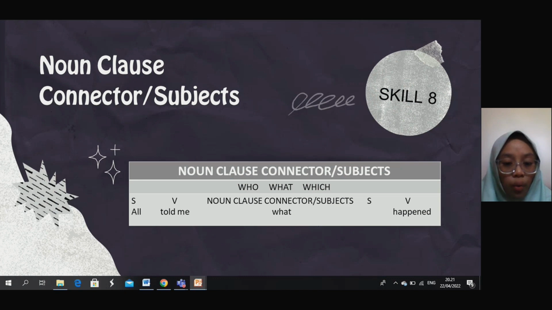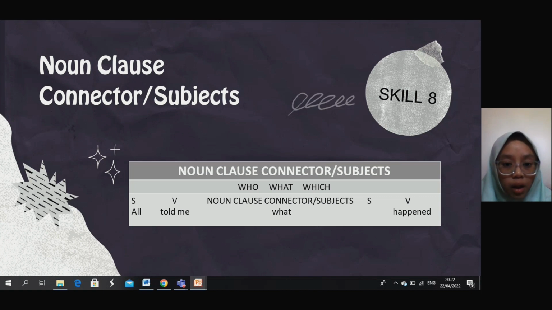This slide shows skill 8, noun clause connector or subject. The noun clause connector or subject has two functions, namely it can be a connector and a subject, such as who, what, and which.